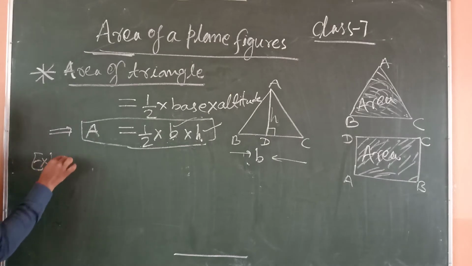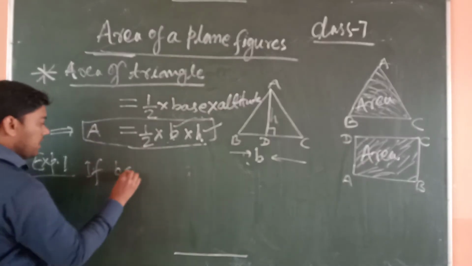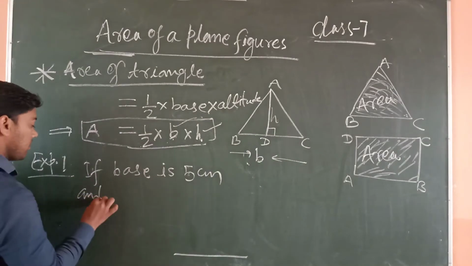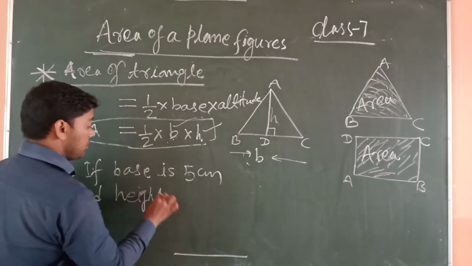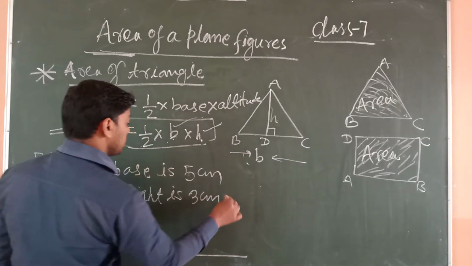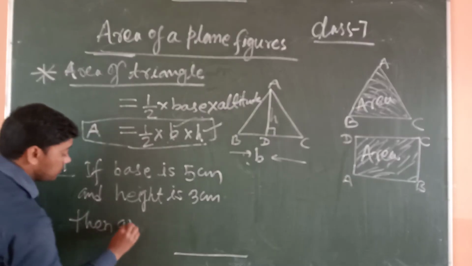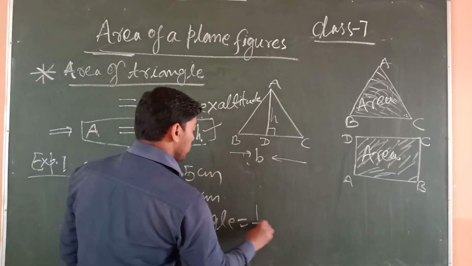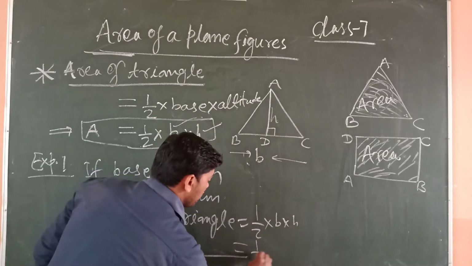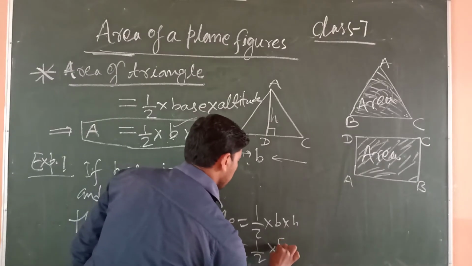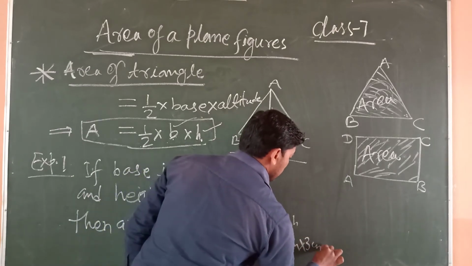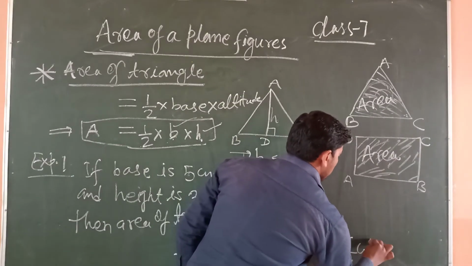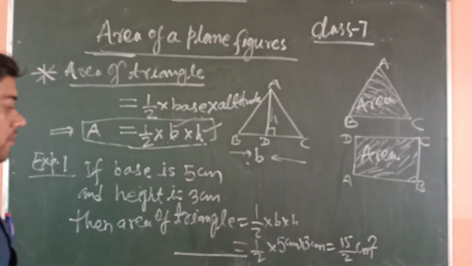Example number 1. If base is 5 centimeter and height is 3 centimeter, then area of triangle is equal to 1/2 into base into height, 1/2 into 5 centimeter into 3 centimeter. 5 times 3 is 15, so 15/2 cm square.